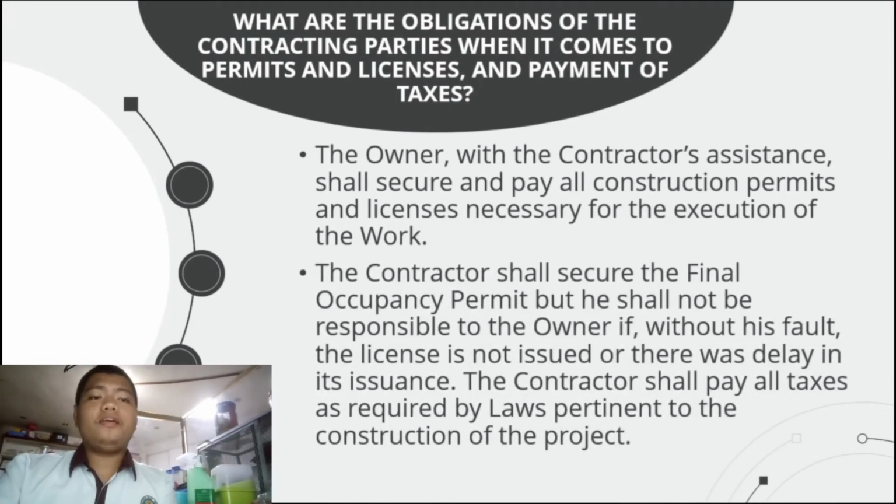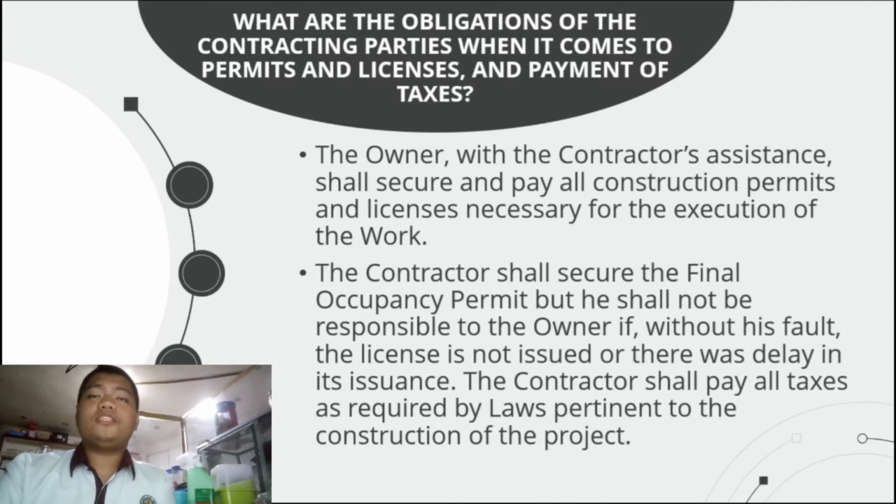Obligation of the contracting parties when it comes to permits and licenses and payment of taxes. Section 2 stipulates compliance with all laws insofar as they are binding upon or affect the parties to the contract. The owner, with the contractor's assistance, shall secure and pay all construction permits and licenses necessary for the execution of the work.